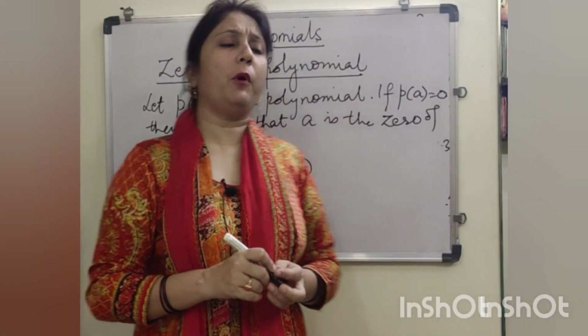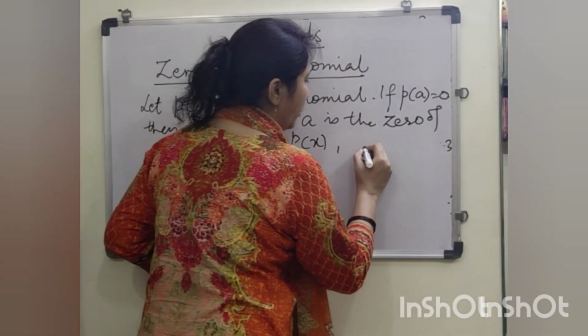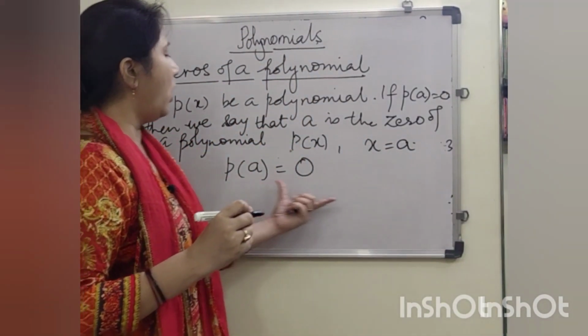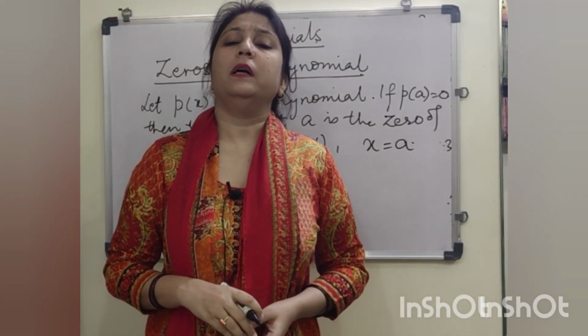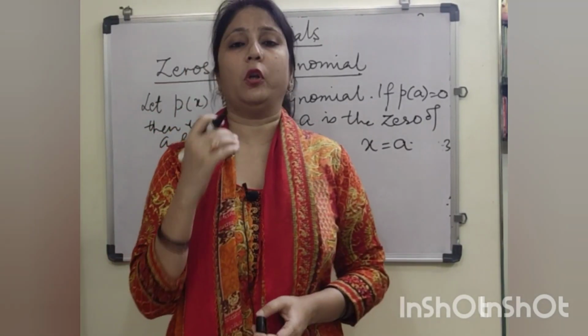Your original polynomial was p(x), you substituted x by a and you got p(a) as 0. Then we call a as the 0 of the polynomial.